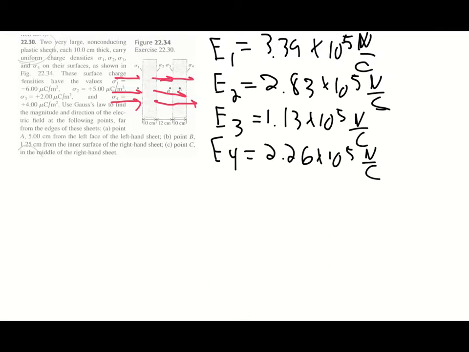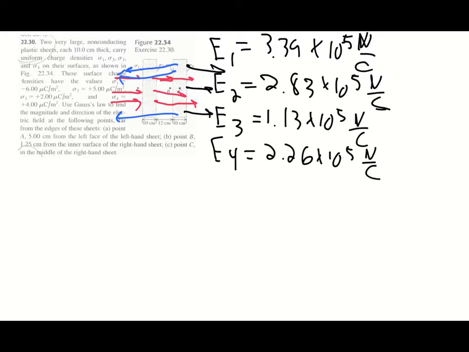The third slab is going to have a field that goes like this because it's positive. And the fourth one is going to go in this direction. Those are just reminders, and we need those for when we're adding them together.